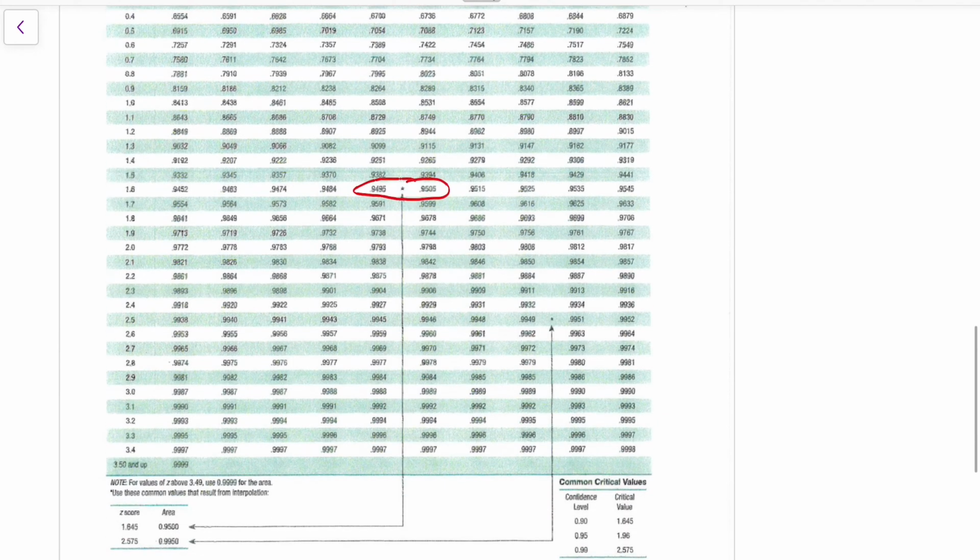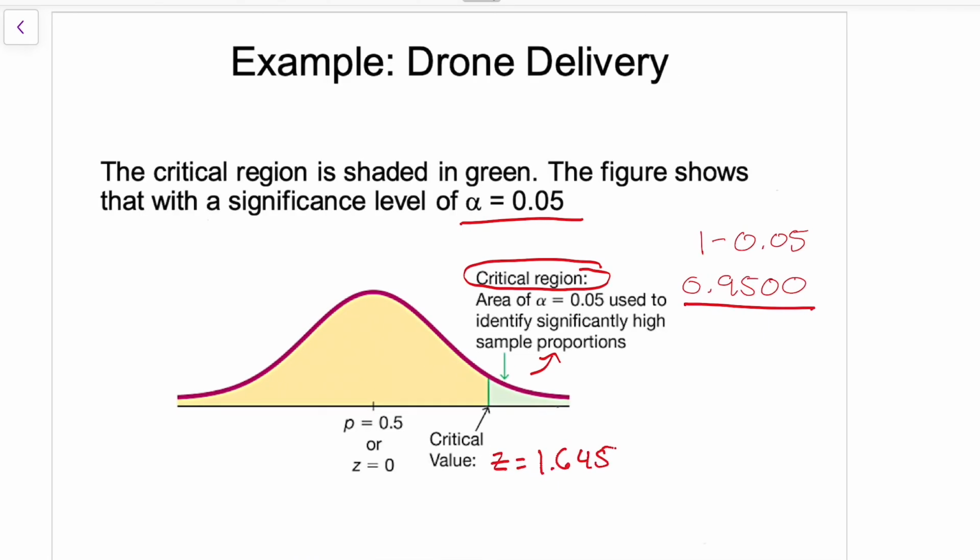However, we get kind of lucky because having an area of 0.95 is a very common one, and our table does it for us. The z-score that has an area to the right of 0.05 is going to be 1.645, and we can take that to our values. So our critical value will be z is equal to 1.645.